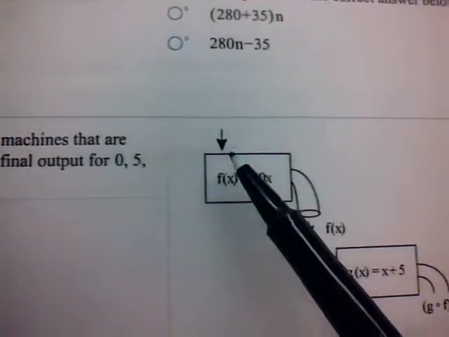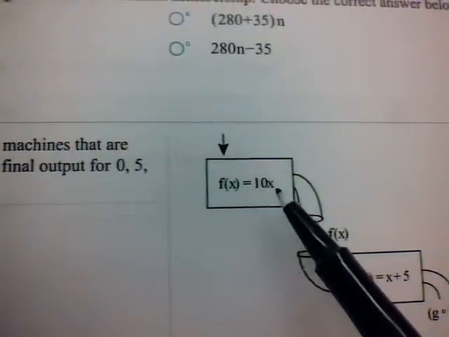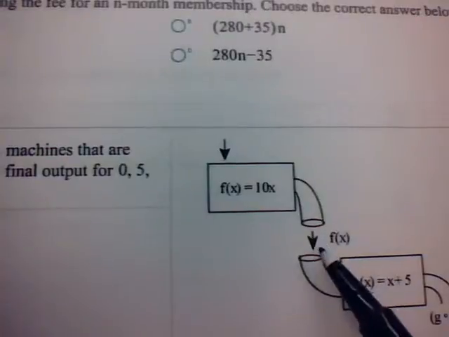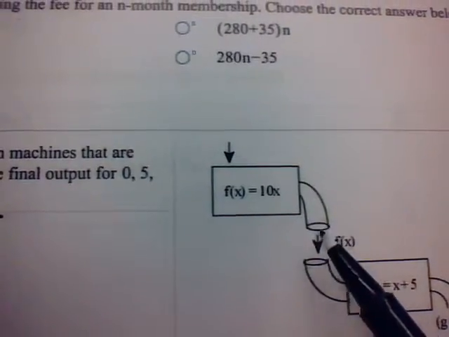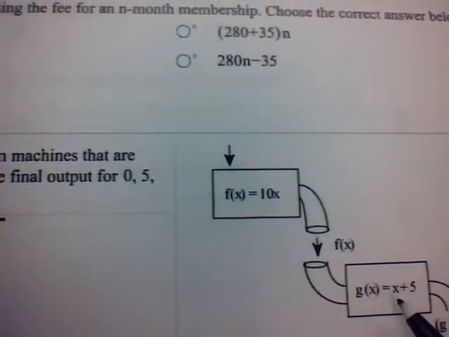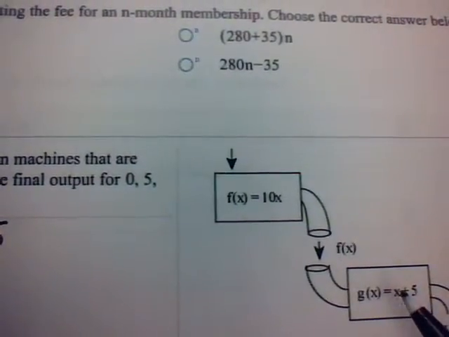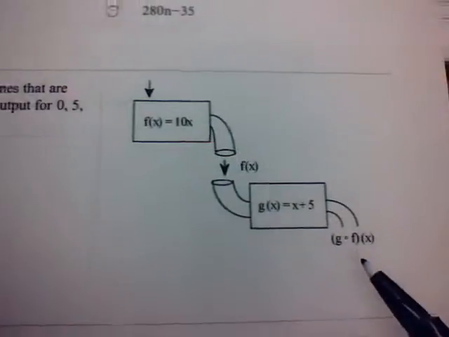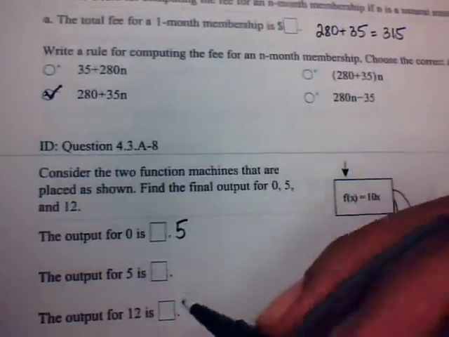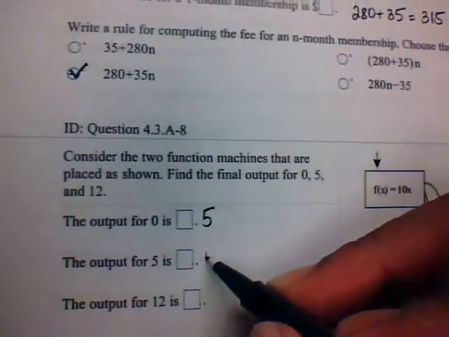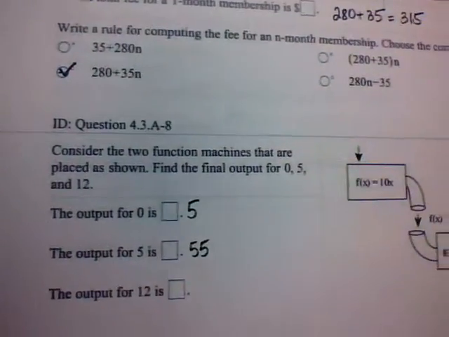If we input the 5, then f of 5 will be 10 times 5, which is 50. And then that 50 will be your input for g of x, which is x plus 5. So you'll have 50 plus 5, which will be 55. So the output for 5 is 55.